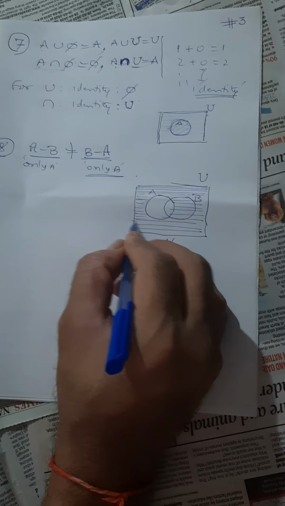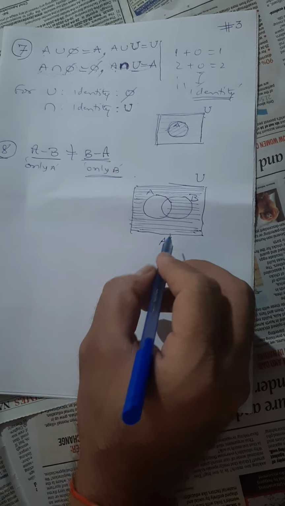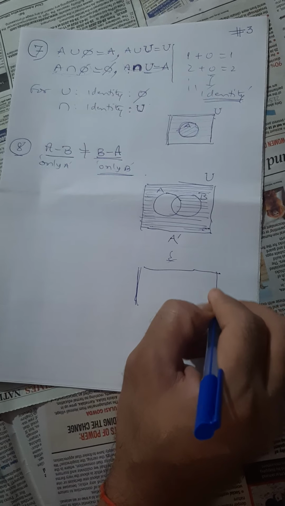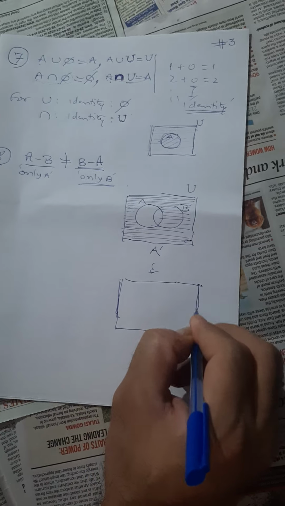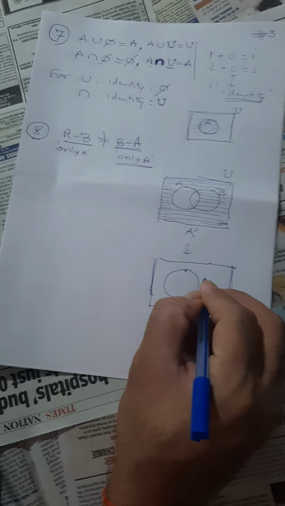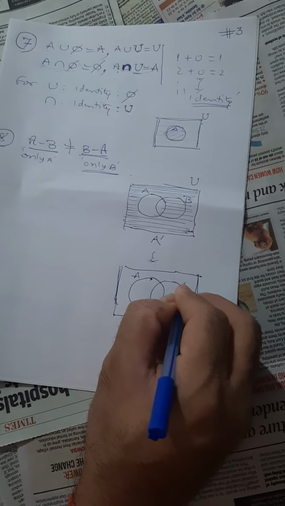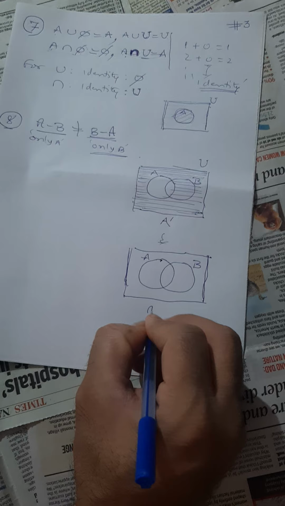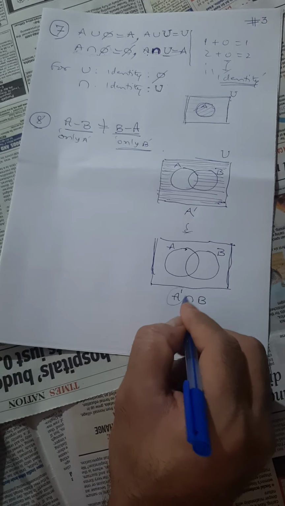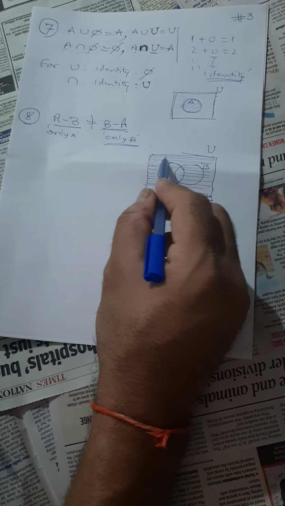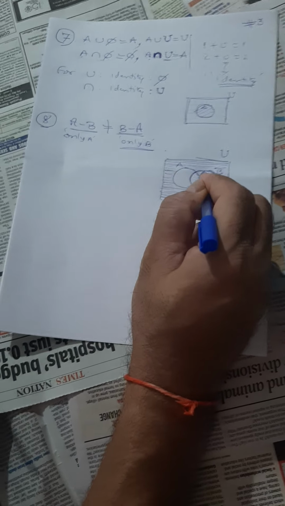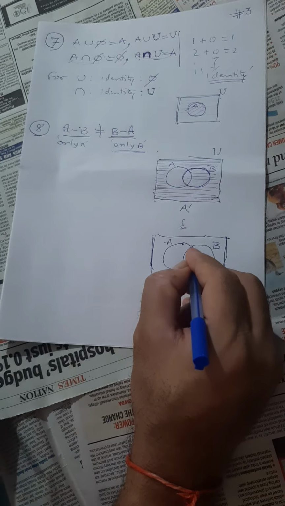And now the next diagram, I'll show the next one, that is A dash intersection B. I'll take the common in A dash and B. Now you look at this. The shaded portion is A dash. The circle of B is this much. So what's the common in these two? That is this much only.